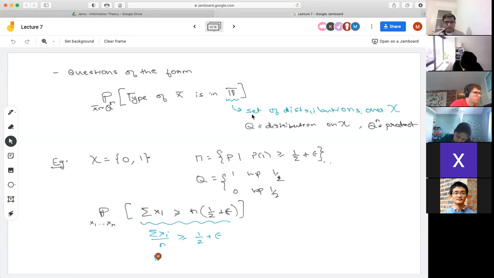This is nothing but, if I look at the type of the sequence x bar, then the probability of 1 is just summation xi over n, the fraction of times that xi is equal to 1. So these are the kind of questions that we have seen previously as Chernoff bounds or concentration inequalities, and the question I wrote above is a generalization of these.